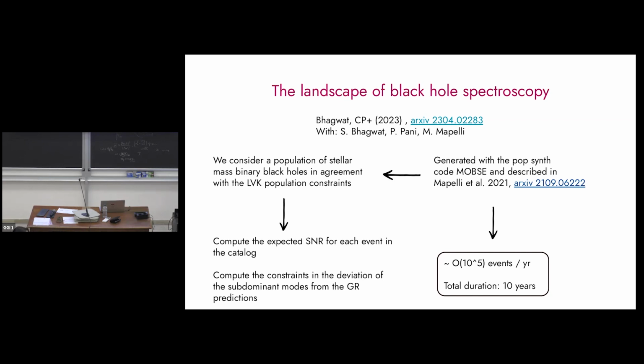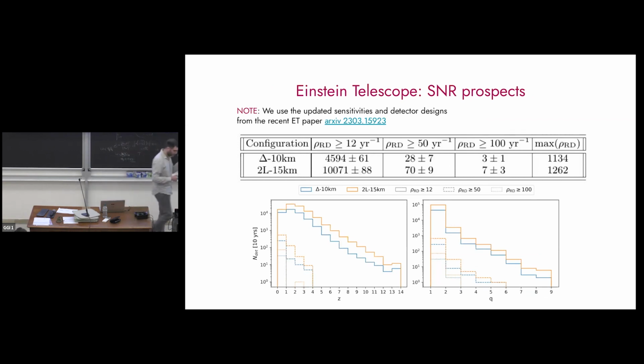Of course, we do not use Bayesian pipelines. We are using a very common approximation, the Fisher approximation. It would be impossible to run Bayesian pipelines on these catalogs. But basically what we find, if we consider a single Einstein Telescope detector, is that depending on the design we can detect at a low SNR between 5,000 and 10,000 sources.